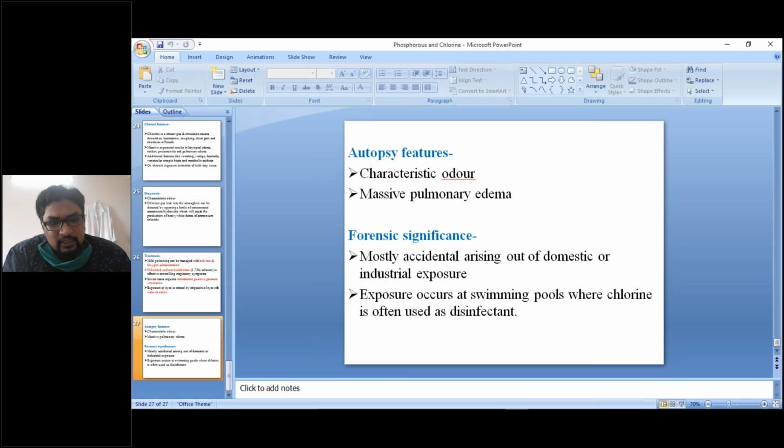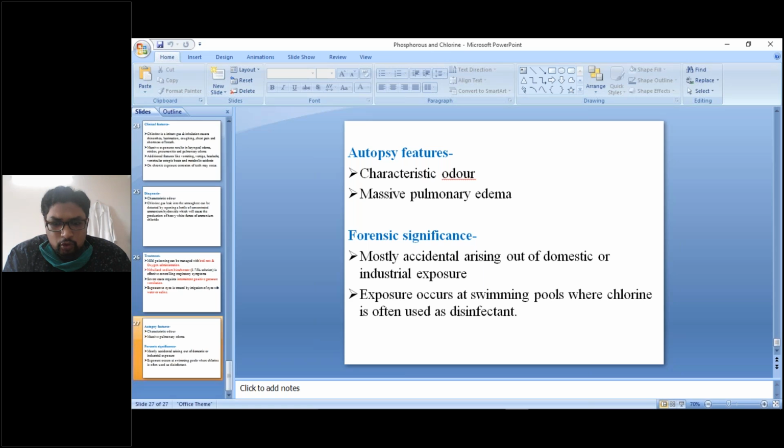Autopsy findings: the characteristic pungent odor is there, and the lungs will show congestion leading to massive pulmonary edema. Forensic significance: chlorine gas leakage is mostly accidental, arising out of domestic or industrial exposure, and also due to frequent exposure to swimming pools.